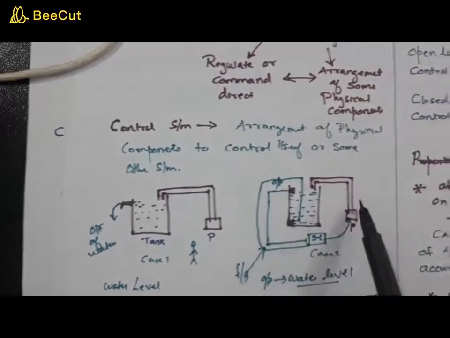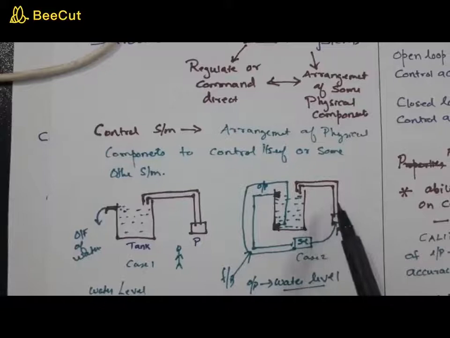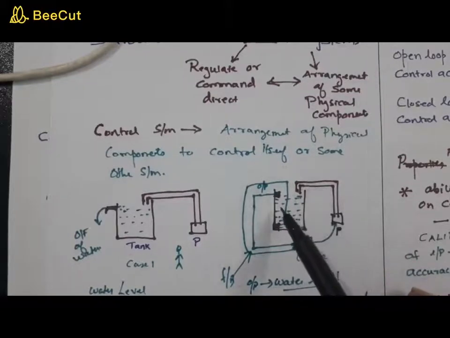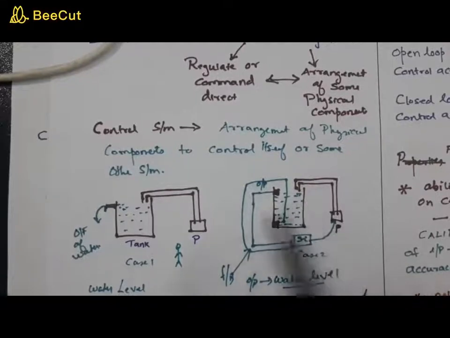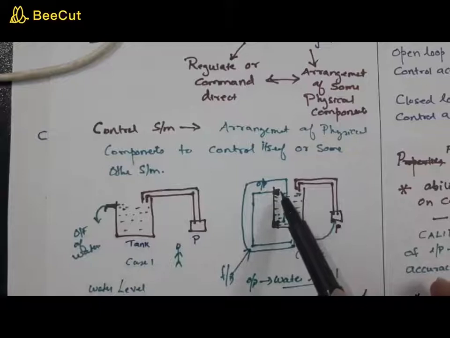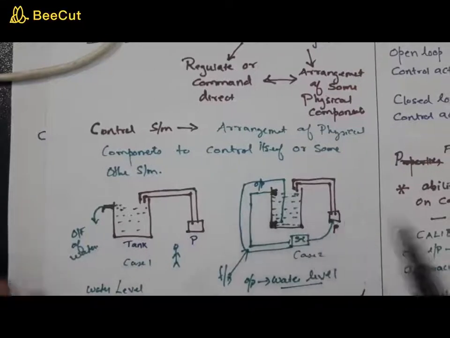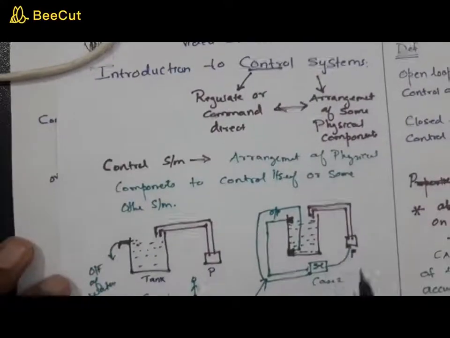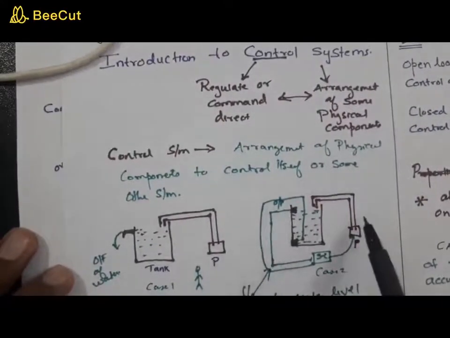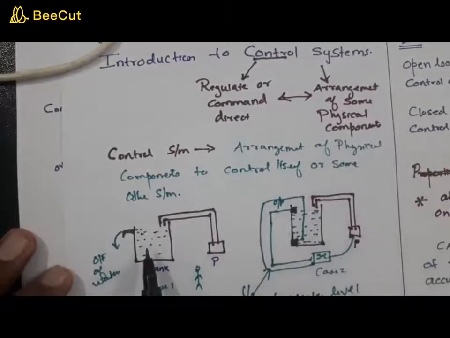If the pump slows down, this pump is not going to switch off when the water level reaches the midway of this tank, because it will only switch off when the water level reaches this point. So the system is accurate because it is not affected by the change in the input parameters, as we see in this case, while the other is affected.